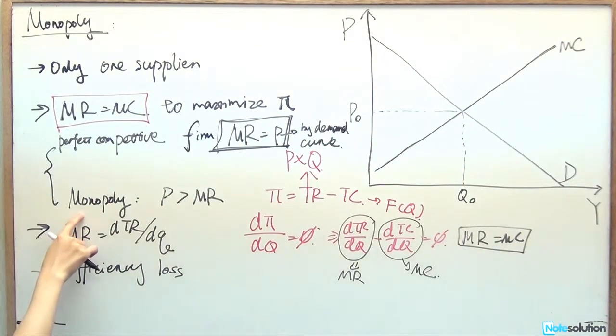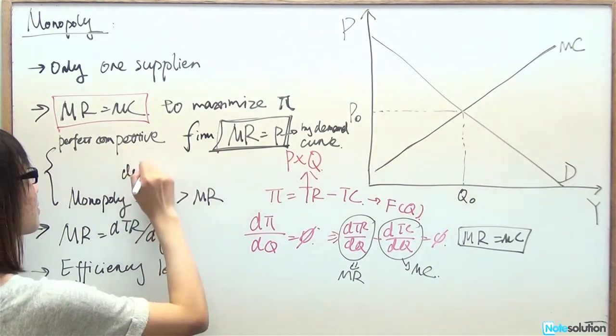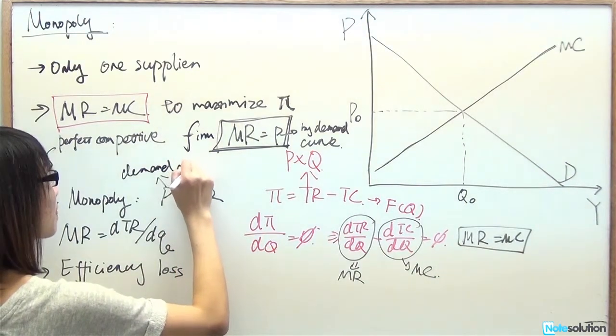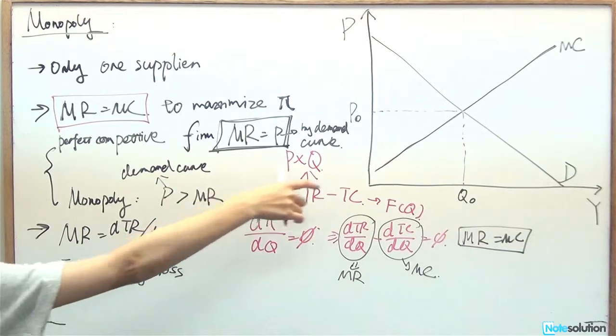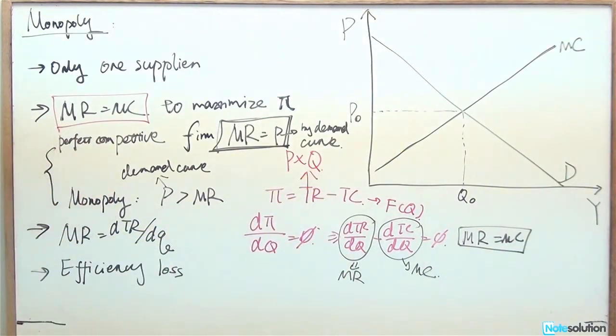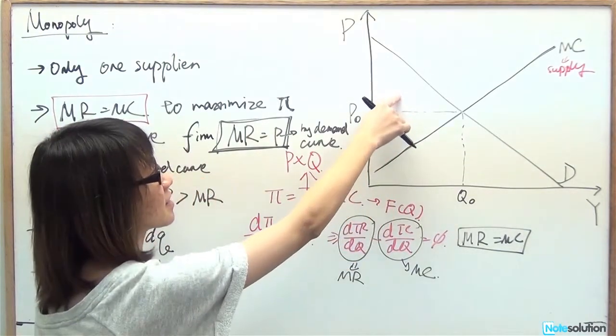But for the monopoly market, the price on the demand curve will be greater than the marginal revenue, and you are going to see it from the graph that we are going to talk about. So now let's look at the graph for the monopoly market.